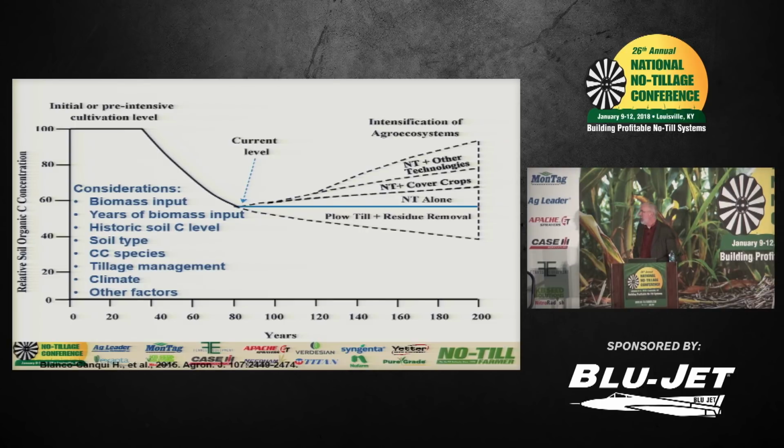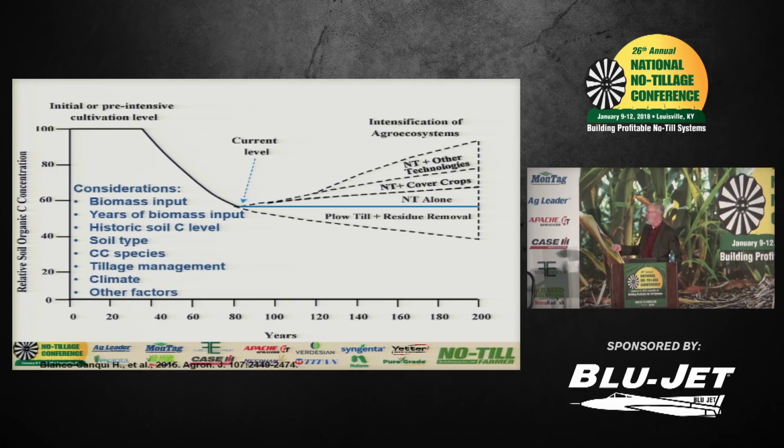So looking at it theoretically, here's a theoretical example of what happens when we start plowing. We start plowing at this point, and 40 years later, we have about half of the soil organic carbon that we started with. This would be typical for any cultivated soil. So how can we change that? If we went to no-till alone, the assumption of this author is that nothing would change. We would stay there.